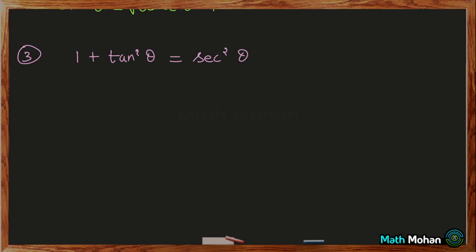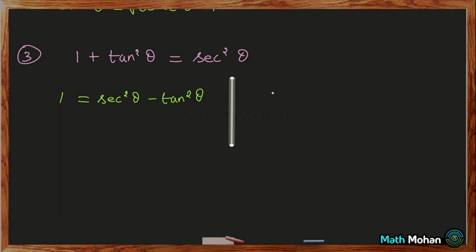As I have discussed for the previous one, the same way here also, if we transpose this tan square theta to the right side, keeping 1 on the left side, it will become 1 equal to secant square theta minus tan square theta. So this is one way of writing.